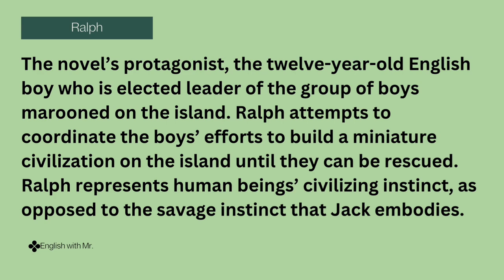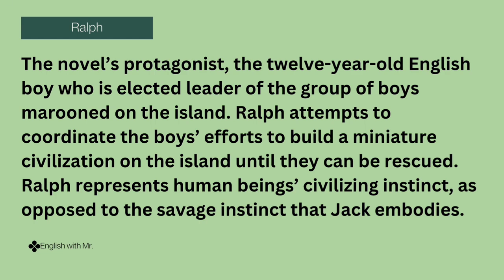Yes, he's the novel protagonist, a 12-year-old English boy who was elected the leader of the group of boys marooned on the island. You see, Ralph attempts to coordinate the boys' efforts to build a miniature civilization. So he is coordinating the boys.